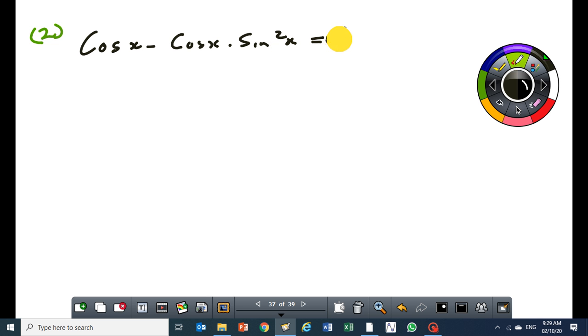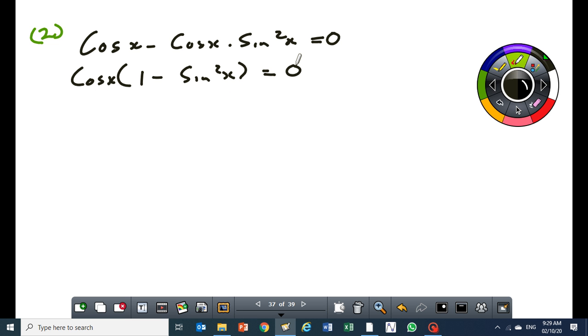This must be equal to 0 if the identity is going to be invalid. So we need to know what values will make the identity invalid. Then here, my suggestion, use your knowledge of factorization, because we've got cos here and cos there, and there's a minus here. So we take out the cos x, then we have 1 minus sine squared x equal to 0.